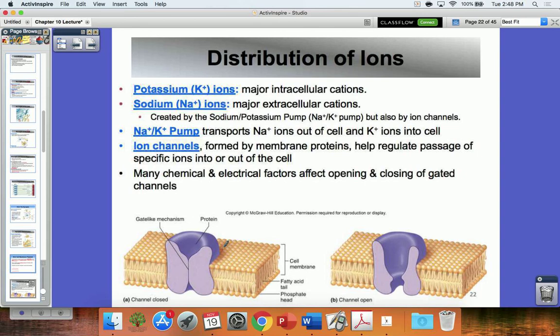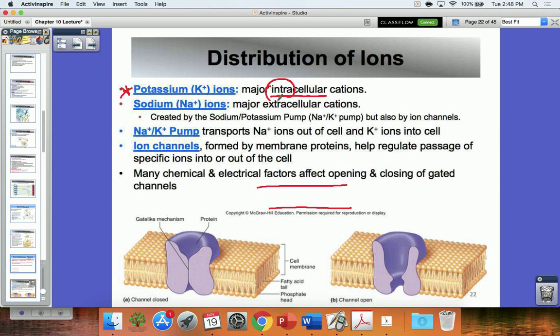So, what ions play a big role? Sodium and potassium. Okay? So, again, we have our neuron. As this says, potassium are the major intracellular. Intra means inside.